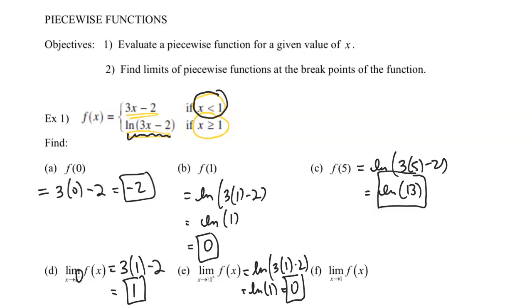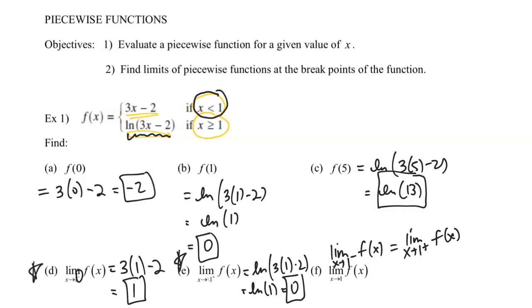This limit in letter F only exists if letter D and letter E both exist and are the same number. So let me say that again. This limit here is going to exist if the limit as x approaches 1 from the left of f of x is equal to the limit as x approaches 1 from the right side of f of x.